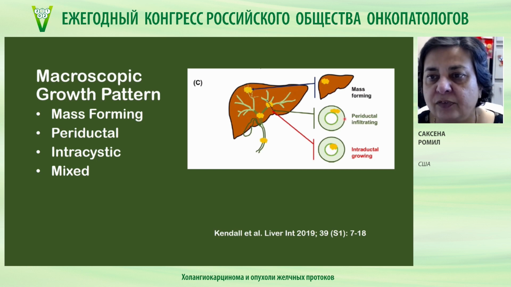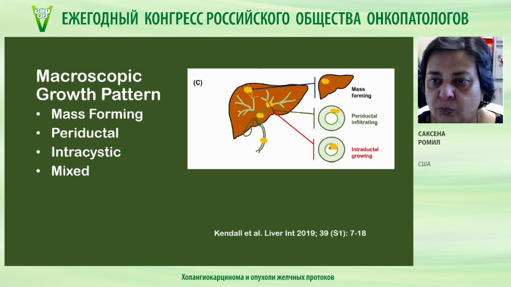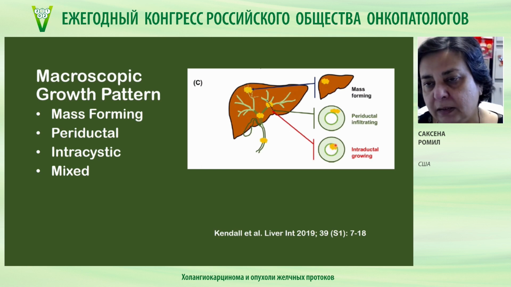And then we have the peri-ductal infiltrating growth pattern of cholangiocarcinoma. So this is the bile duct, and the tumor infiltrates in the wall and goes outside of the wall in a peri-ductal infiltrating pattern. The intraductal growth is when the tumor grows within the lumen of the bile duct.